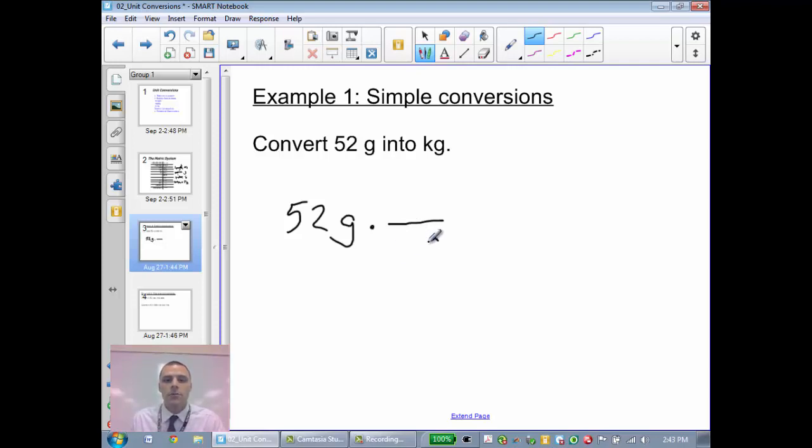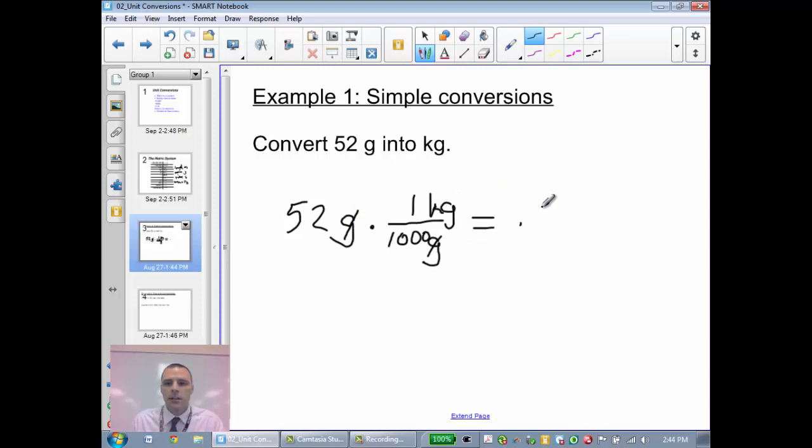So I want to have grams in the denominator and kilograms in the numerator. And for this, there are 1,000 grams in 1 kilogram. And when I multiply, grams cancels, and we're left with kilograms.